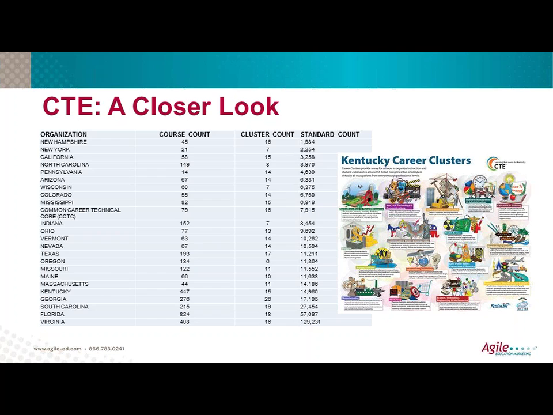But you can see by looking at just the cluster count, the standard count, how there are huge differences between states in what they value and what they've included. So New York only took 7 of the 16 clusters, and they only have 21 courses out of those 7 clusters. So probably each course typically would be a pathway within that cluster, but again, each state creates these things as their economic needs are, and so it's just such a huge arena.